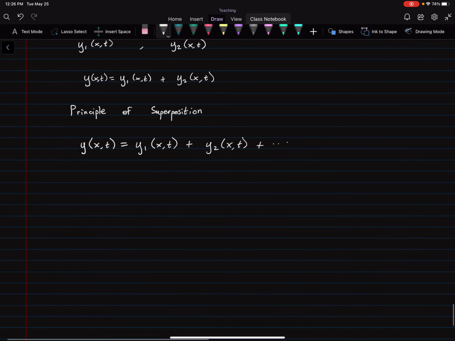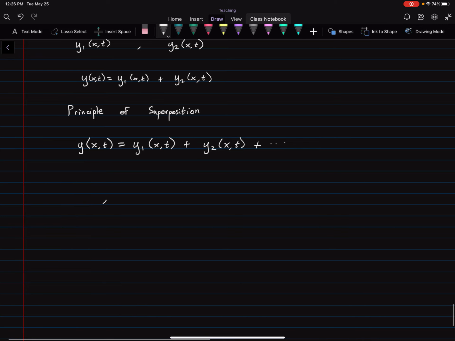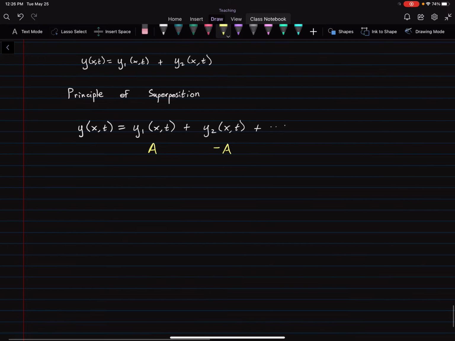They don't all have to be up at the same time. So if one wave happens to be like this, let's say the displacement of y1 at a given x and t that we're looking at is its full amplitude, a. The displacement of y2 could be the inverse, negative a. So let me do two different colors, might as well.